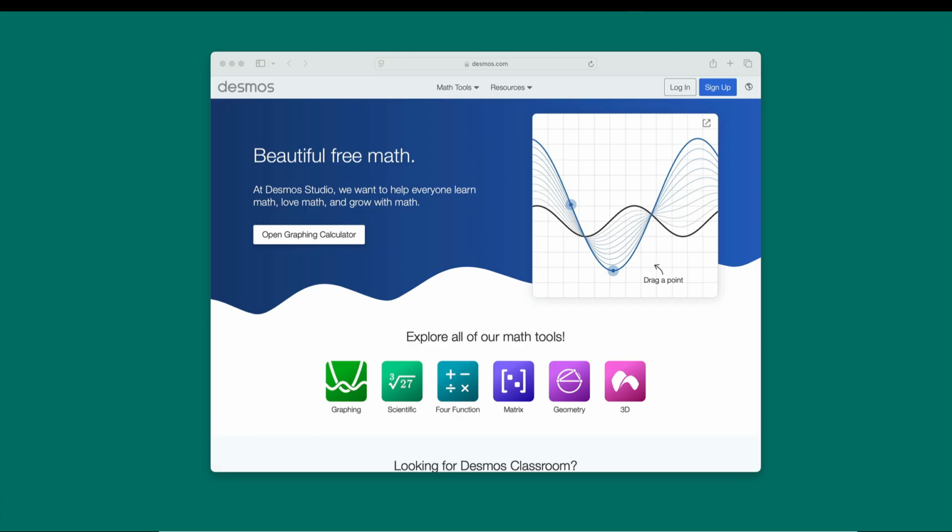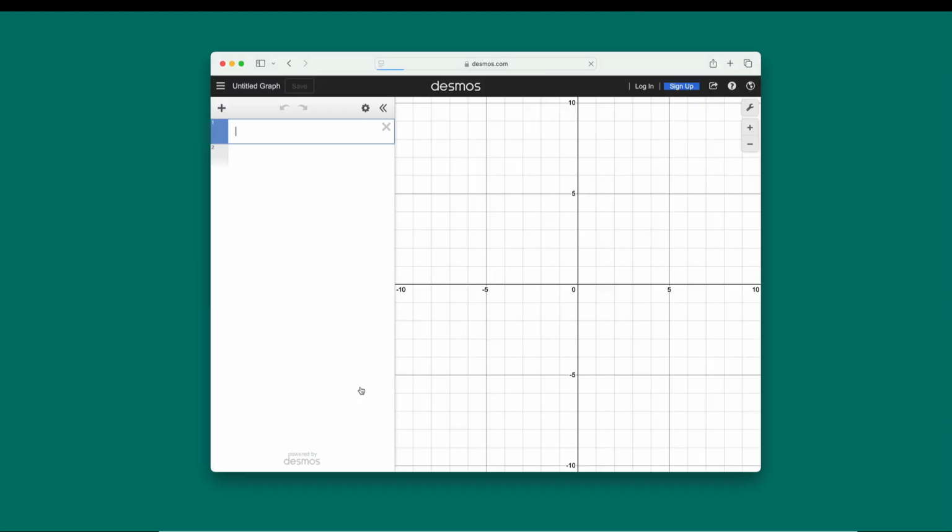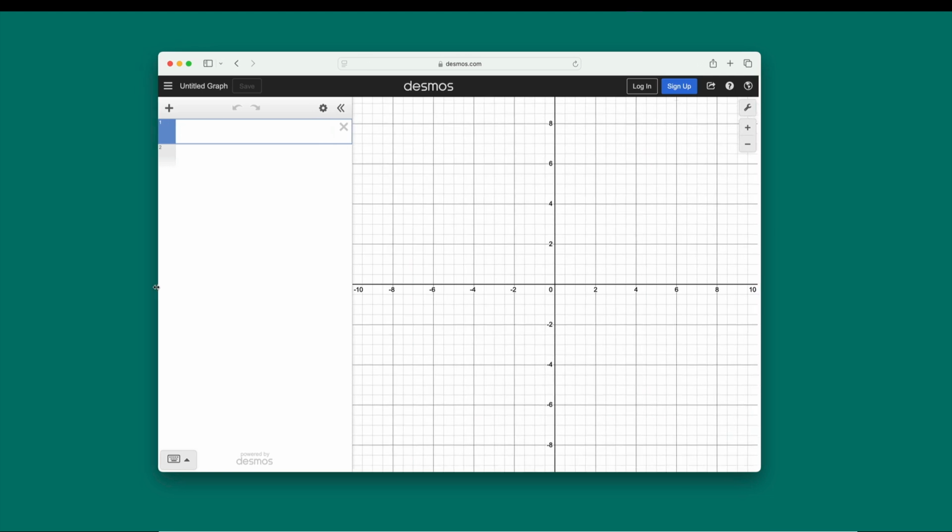All right, so here's Desmos. I'm going to go ahead and click on the graphing calculator. We're going to have to open this a little wider.